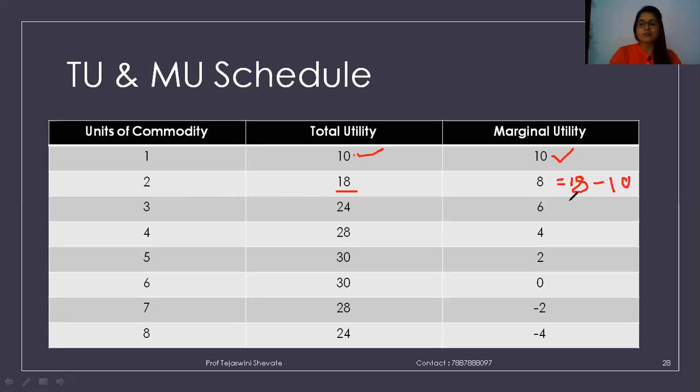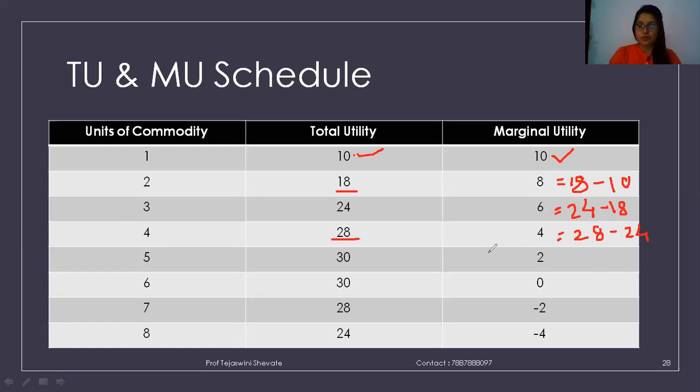In order to find the marginal utility, I need to do 24 minus 18. This is how I find the marginal utility. Now I consume one more mango, that is the fourth mango. The total utility is 28. To find the marginal utility of the fourth mango, it is 28 minus the previous total utility, 24.